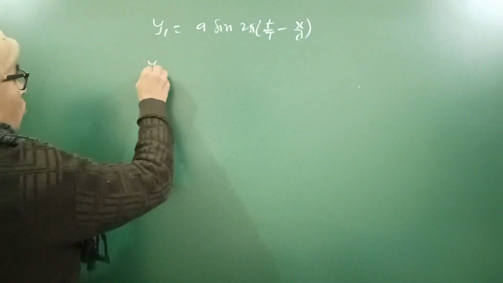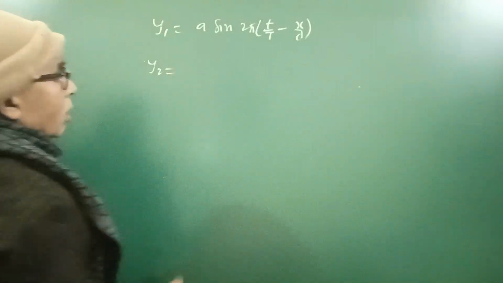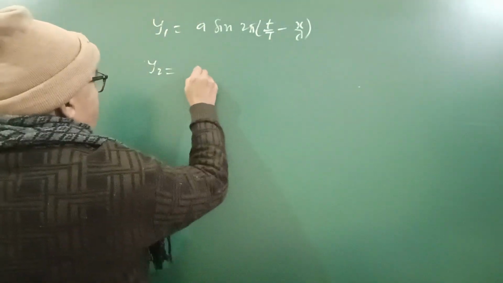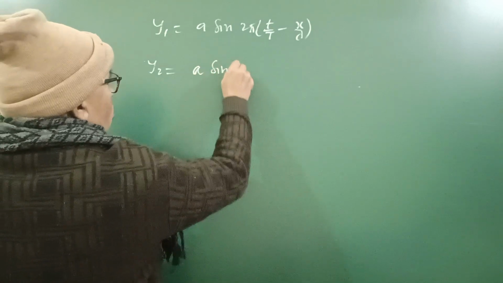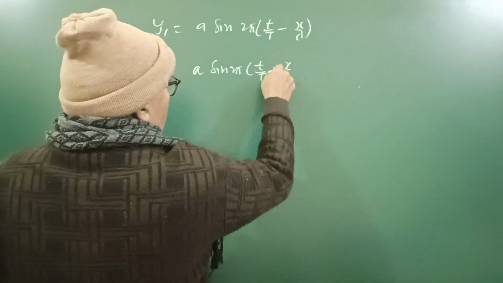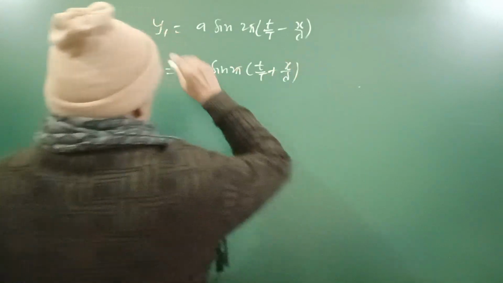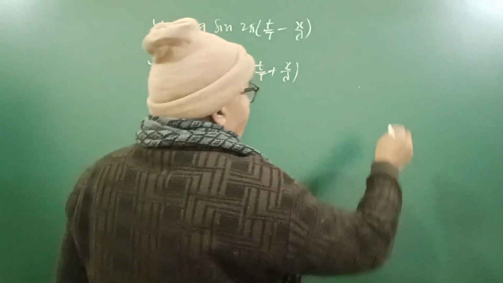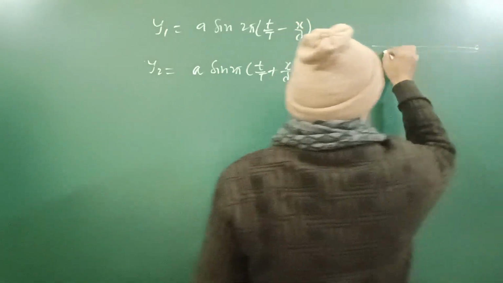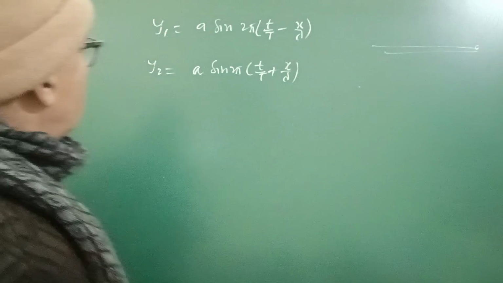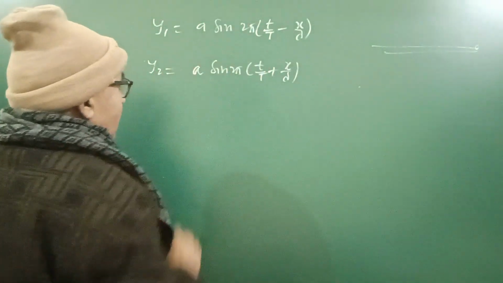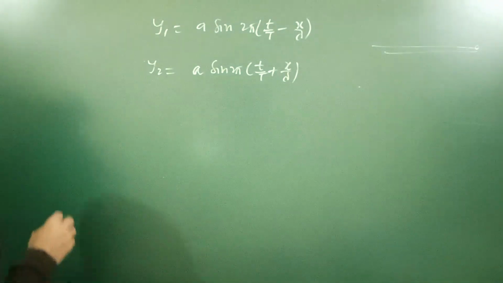Suppose I take y2 here. There occurs no change of phase but the direction of rotation changes, so a sine 2 pi, I have explained you there. So this is the equation of the wave traveling in positive direction, and after reflection from the free boundary it becomes this. These are two waves of the same amplitude and same frequency.